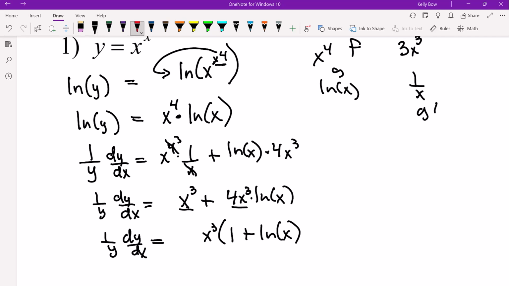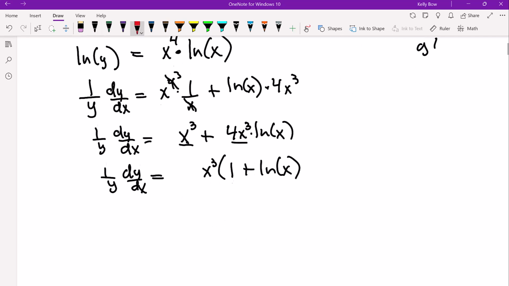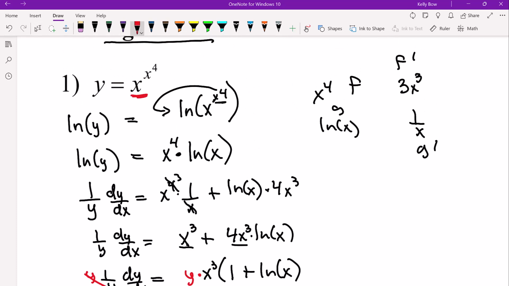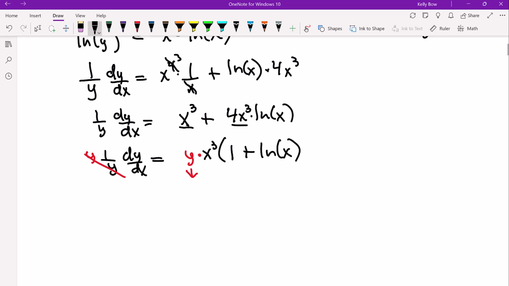And now to find the derivative, we just multiply both sides by y. But instead of y, we're going to substitute the original function, x to the fourth. So x to the fourth, that's what y equals, times x cubed times 1 plus ln of x.